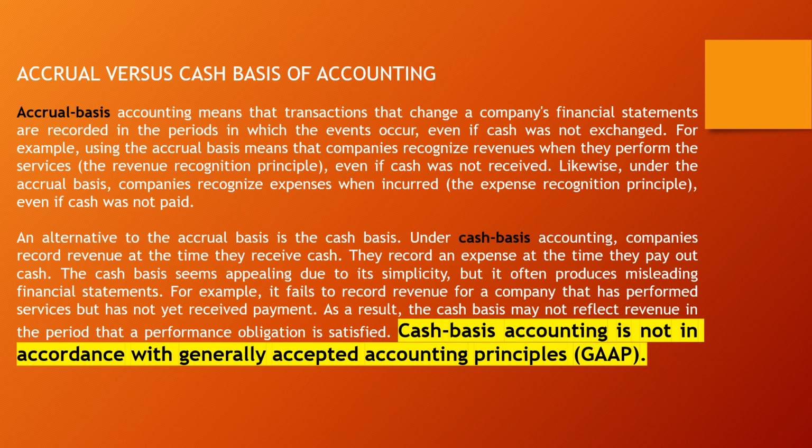For example, using the accrual basis means that the company recognizes revenues when they perform the service, right? That's the revenue recognition principle, even if cash was not received. Likewise, under the accrual basis, companies recognize expenses when incurred, the expense recognition principle, even if cash was not paid.